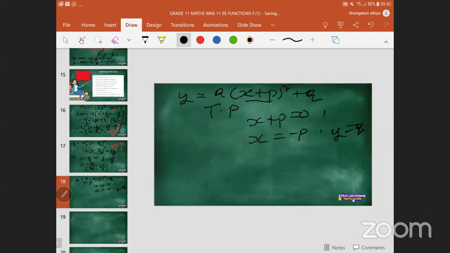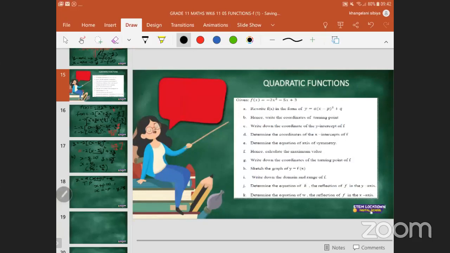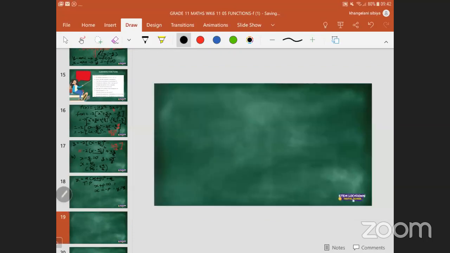Now our next question says, let me go back to this slide, which is C. Write down the coordinate of the y-intercept. What do you do for the y-intercept? You let x be 0.